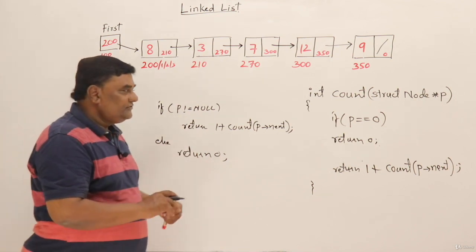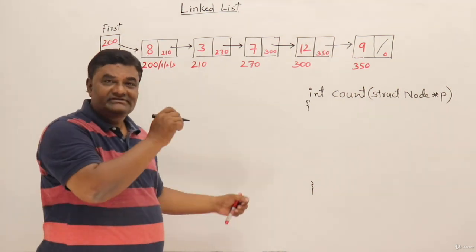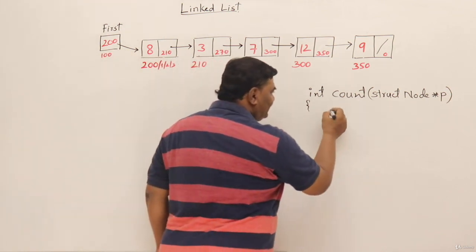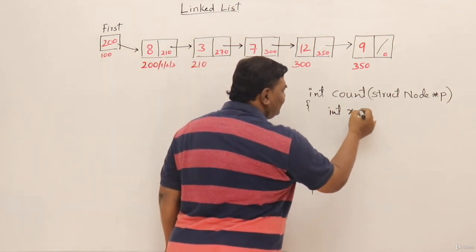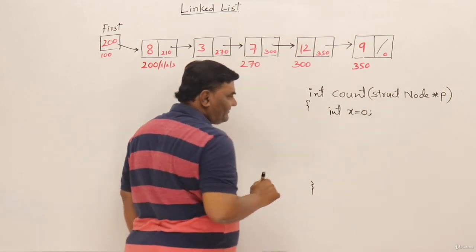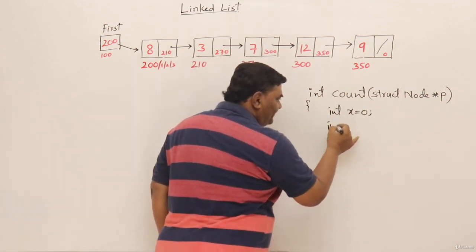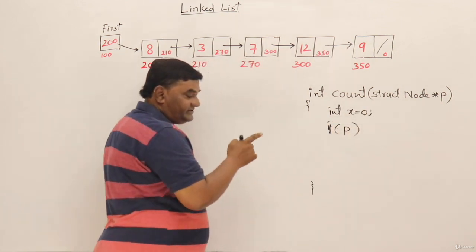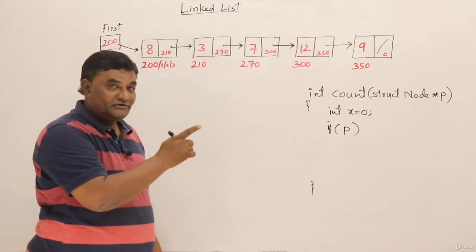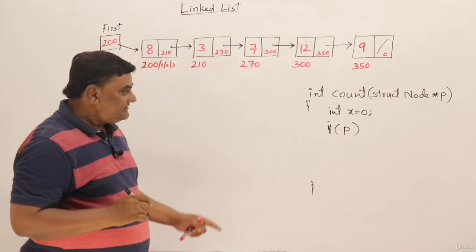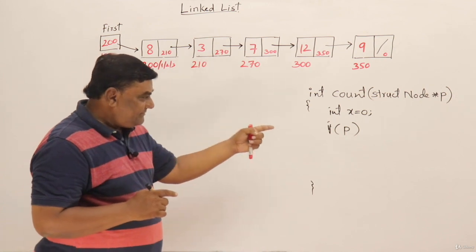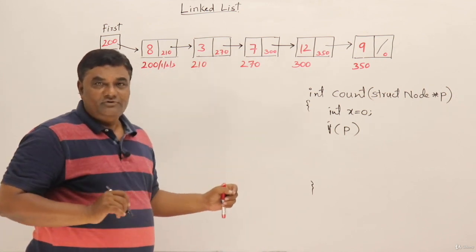Now one more thing I'll show you. I'll write the function using some variable. I will declare a local variable x, having value 0. If P, means P is not null. You remember in one of the videos I have shown you this one. This will be true if P is pointing on some node.